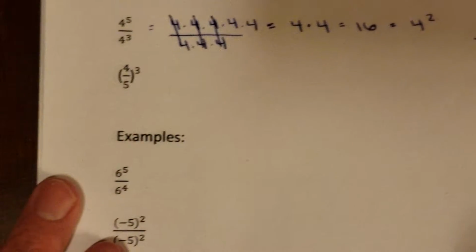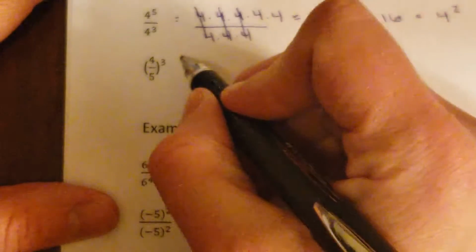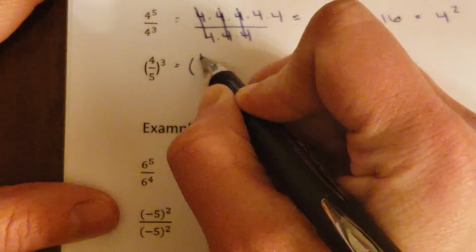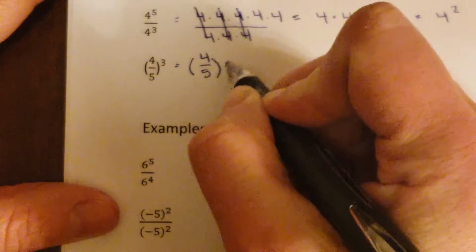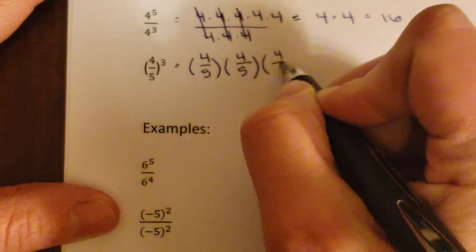Okay. Let's look at a different one. 4/5 cubed. Do the same thing as we did before. 4/5 times itself 3 times.